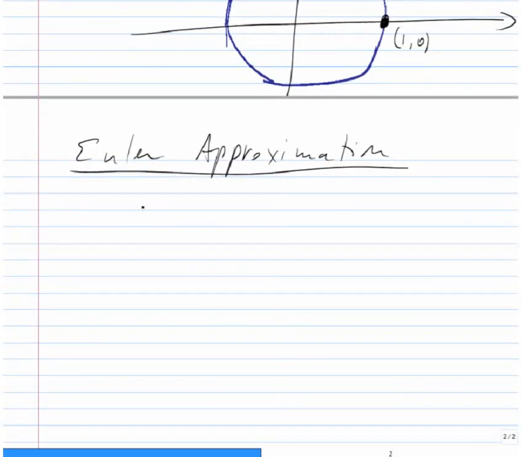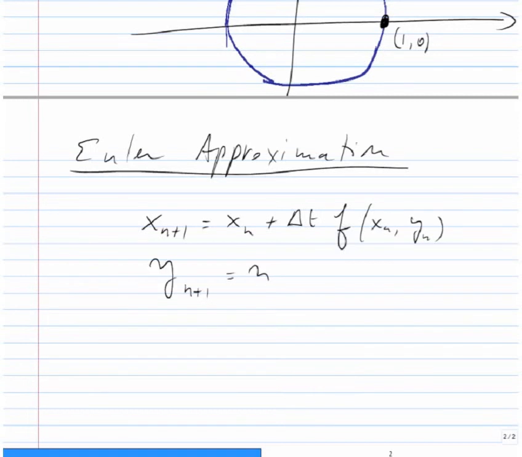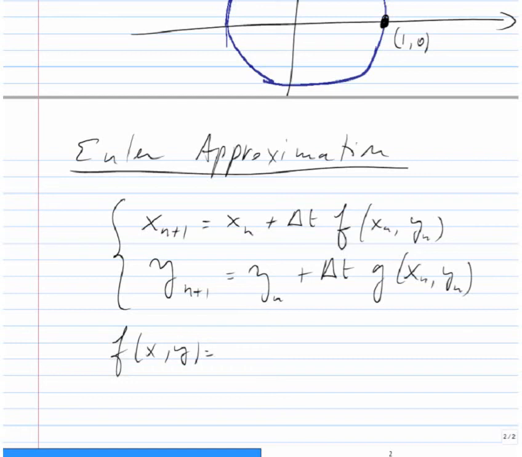So here, remember that x_{n+1} is going to be x_n plus delta t f of (x_n, y_n), and then y_{n+1} is equal to y_n plus delta t g of (x_n, y_n). f of (x, y) in this problem is equal to minus y, and g of (x, y) is equal to x from the system.